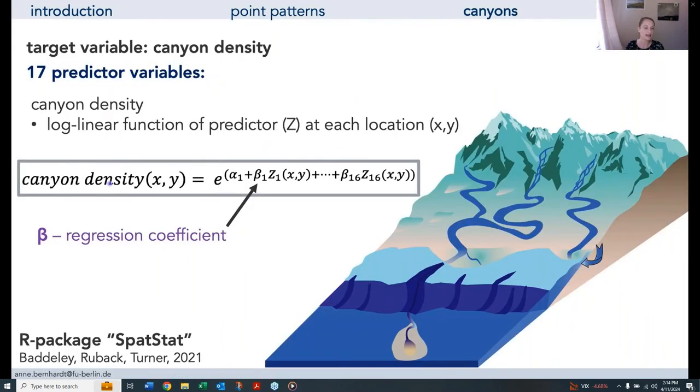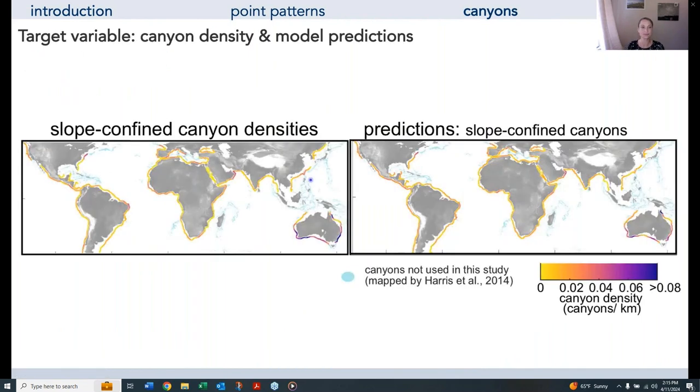To predict canyon density at each spatial location with the coordinates x and y, we use a log linear function where we calculate the regression coefficient beta for each of the predictor variables at each location x, y. So truly spatial approach, and we use the R package spatstat by Baddeley and colleagues.